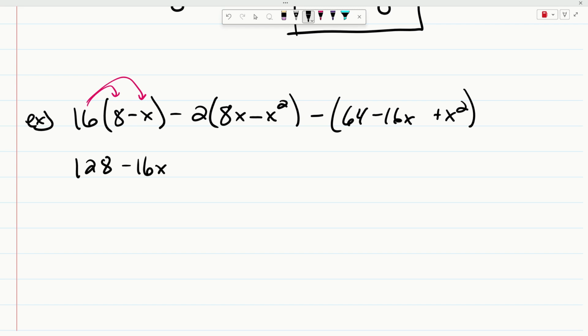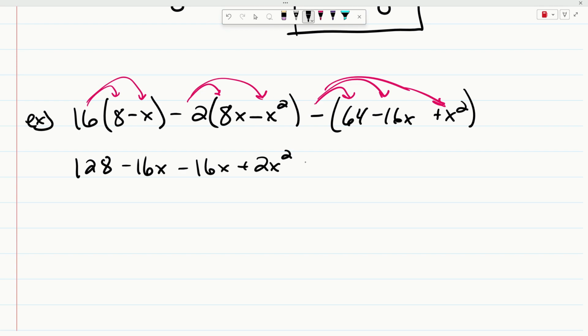And I will do this, distribute the entire way for the entire expression. So keep going, minus 16x plus 2x to the second, minus 64 plus 16x minus x squared.